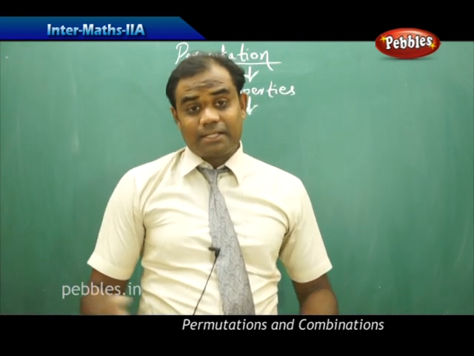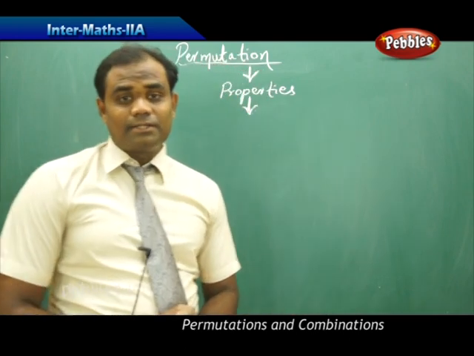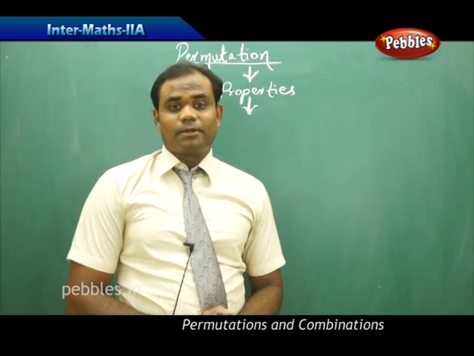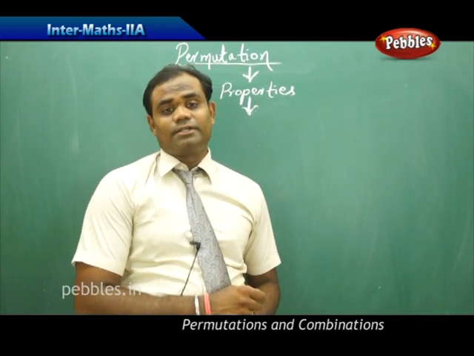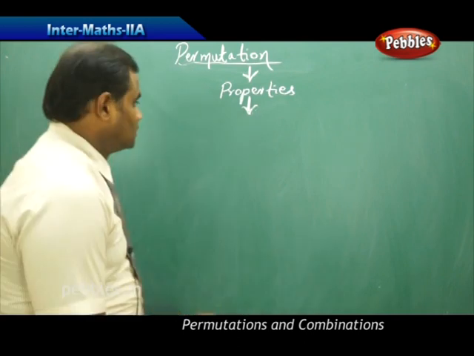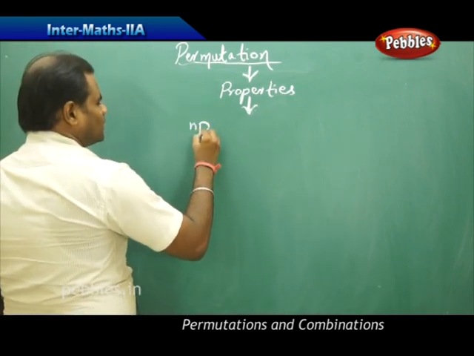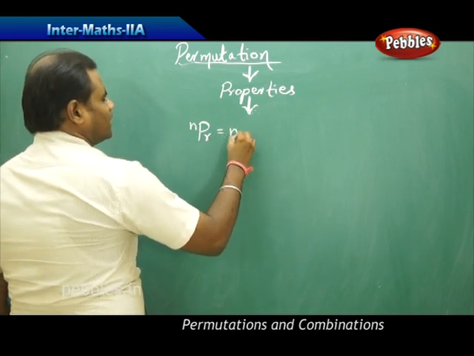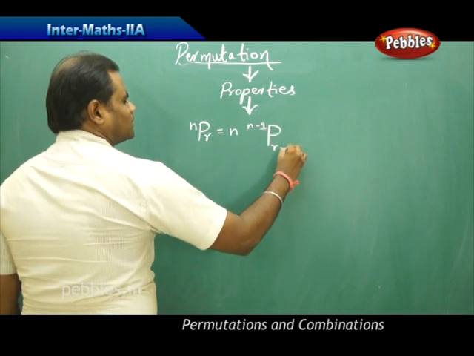Now that we have discussed permutation and its definition in the factorial form, let's see the various other properties associated with nPr, the permutation of n objects taken r at a time. We have two important properties. One is nPr is always equal to n times n minus 1 P r minus 1.